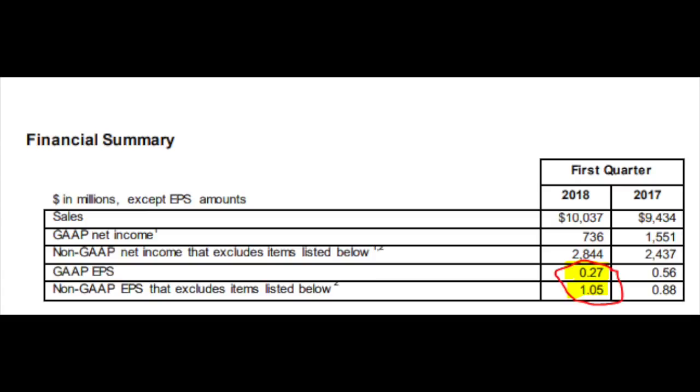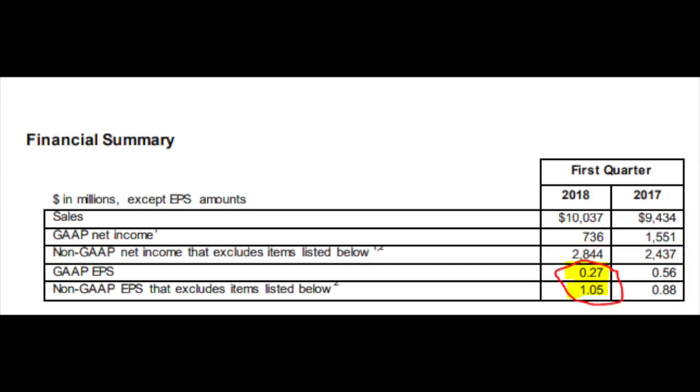However, when you include the real earnings that GAAP earnings should be, generally accepted accounting principles, those earnings are almost 75% lower at 0.27. Similarly, in 2017, those earnings were reported 0.88, but real earnings 0.56.